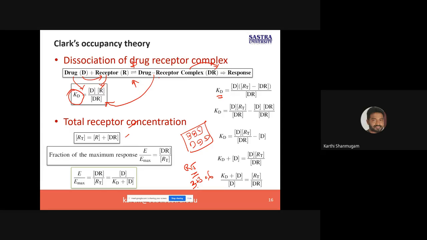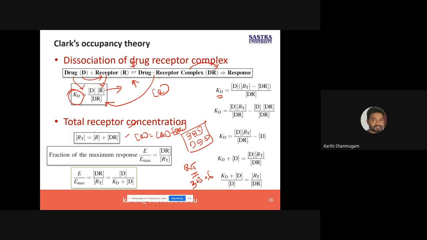Now in this expression we have R. We can rewrite this as R is equal to RT minus dr. Is this expression right?